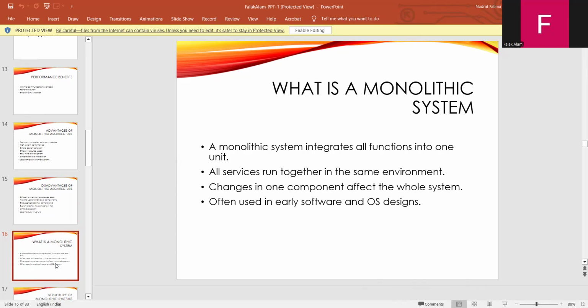Because the components are interconnected, a change in one part can affect the other parts as well. It was used in earlier operating system design.